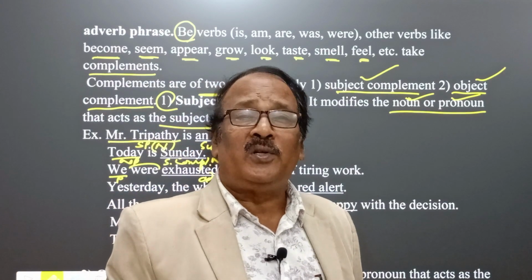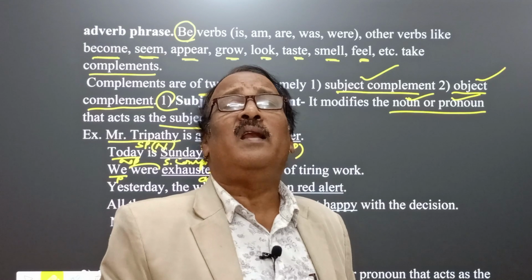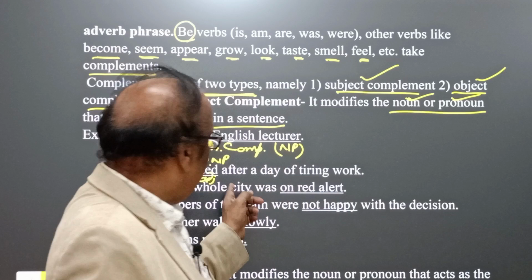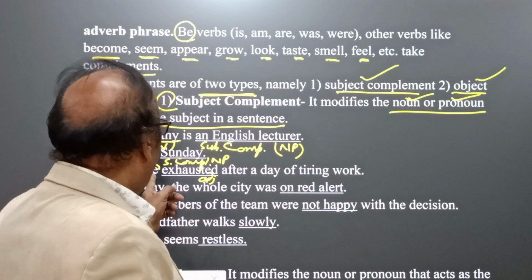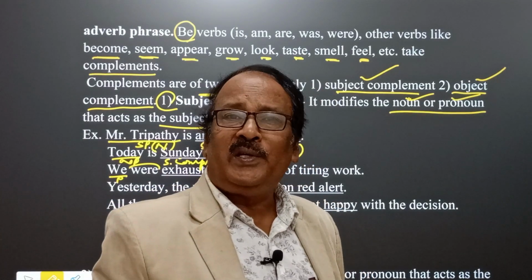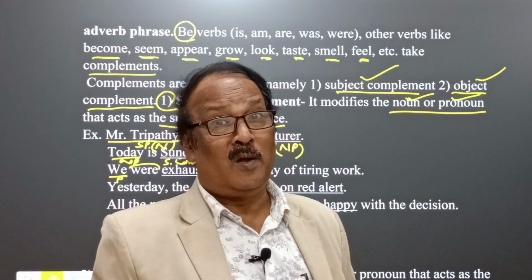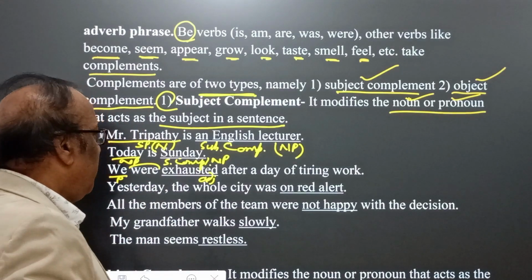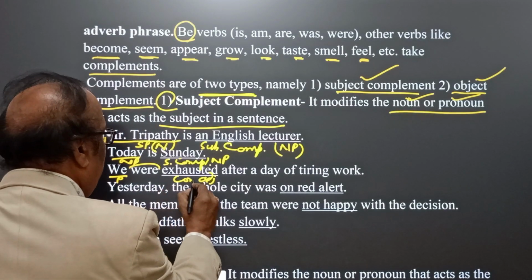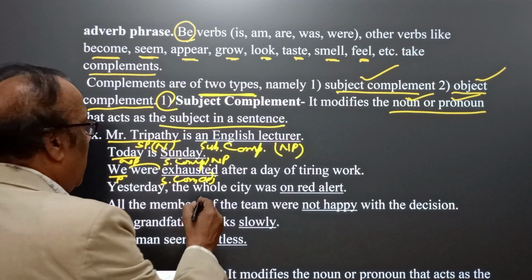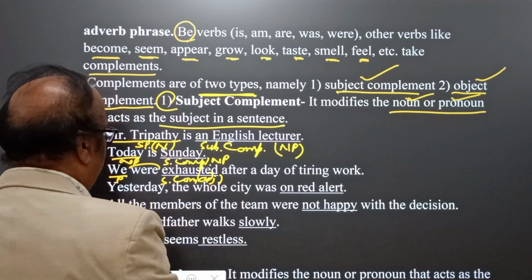We are exhausted. It means completely tired. Here exhausted qualifies we. Exhausted is an adjective, and as we have discussed, an adjective phrase qualifies the noun as complement. Therefore here also it is a subject complement, and that subject complement is the adjective.